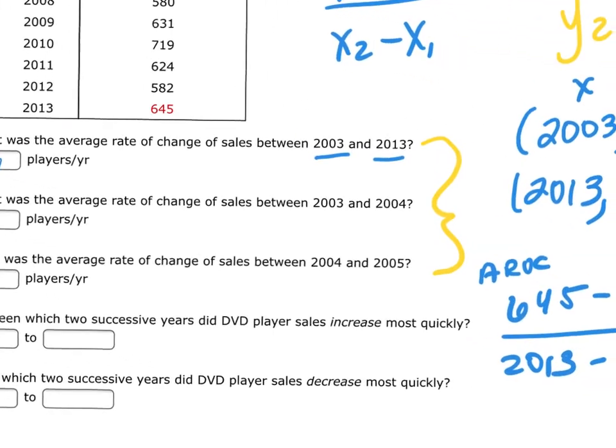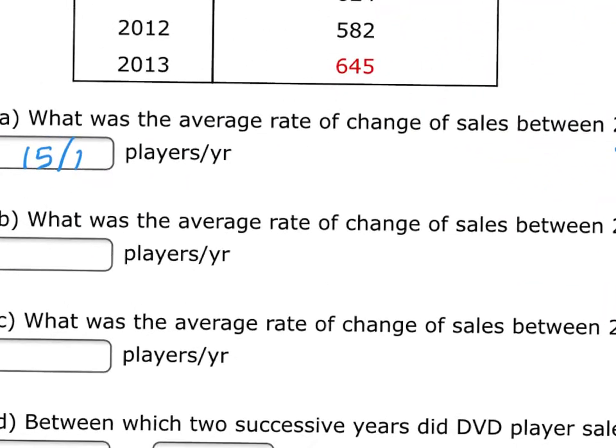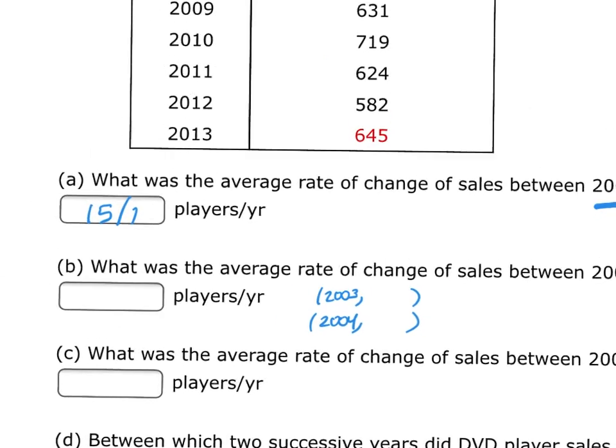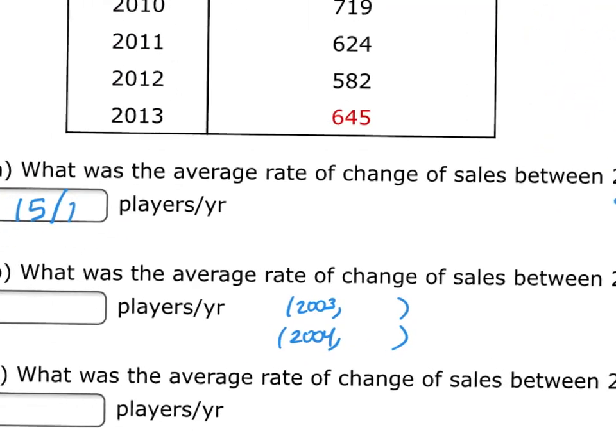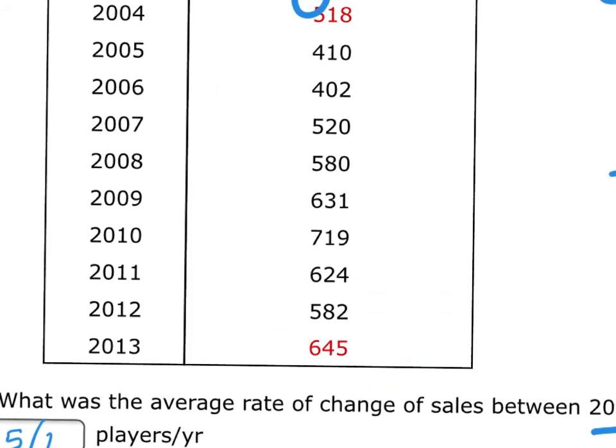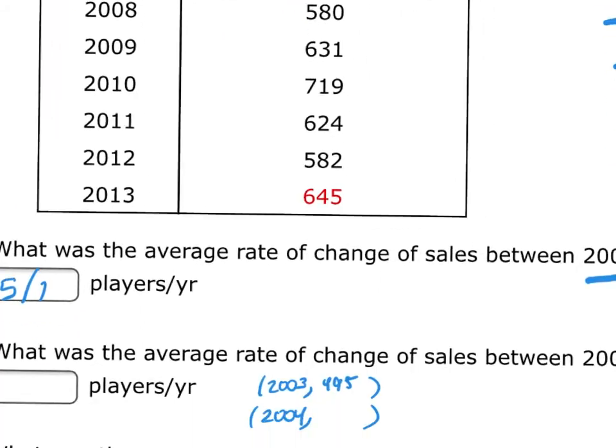So between 2003 and 2004, okay, they're giving me two more ordered pairs. I have 2003 and 2004. How many were sold in 2003? 495. And how many were sold in 2004? 518.